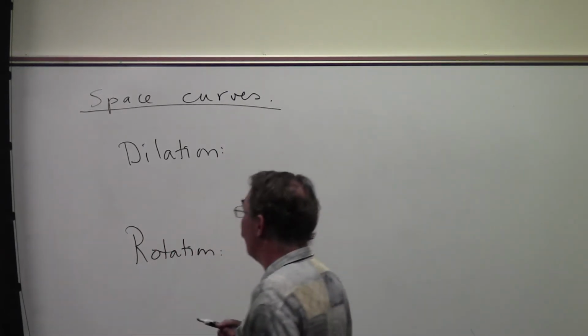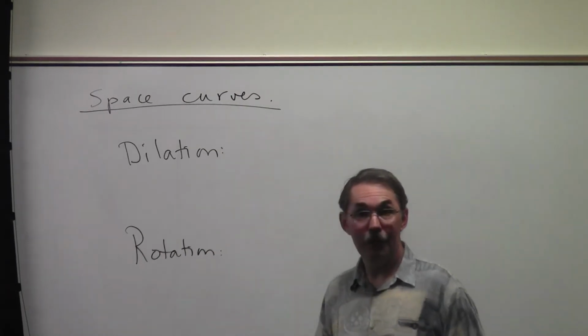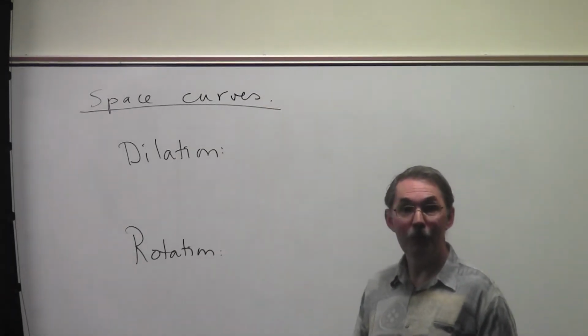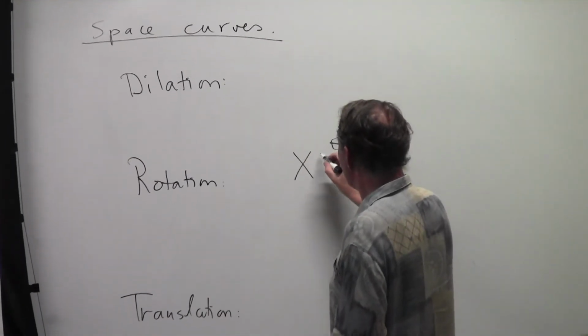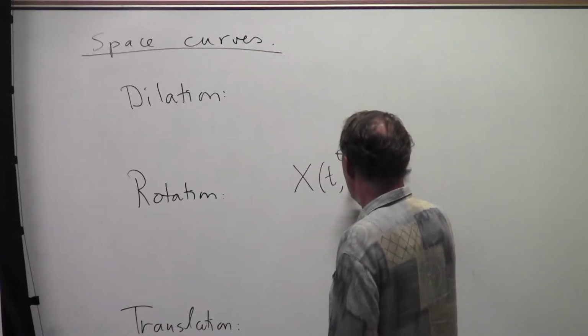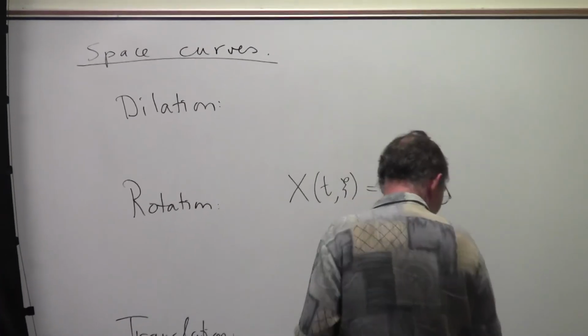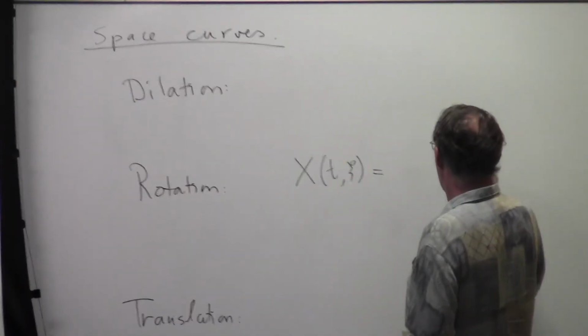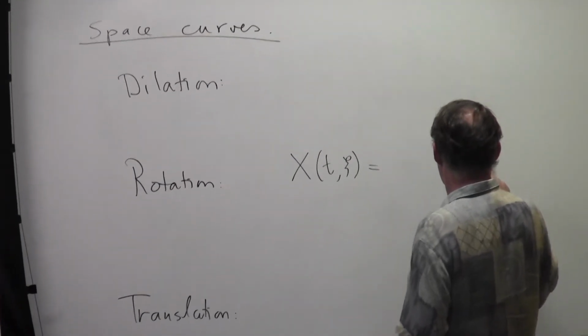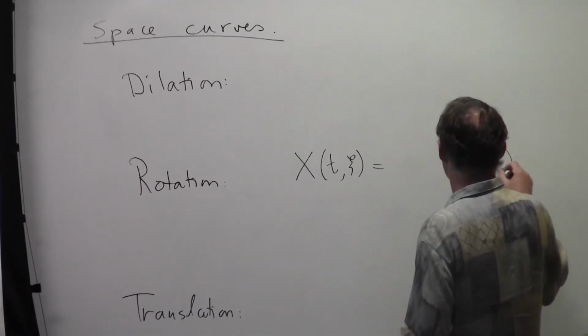Are there solutions to curve shortening that evolve under space curves that evolve by rotation? So for rotation I would look for solutions that are parameterized by x at time t is equal to, and now I want this to be a rotation of x at time 0. So that x star would be a fixed curve.